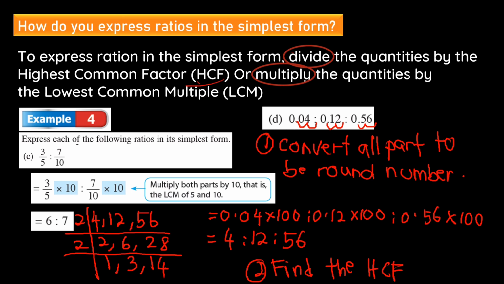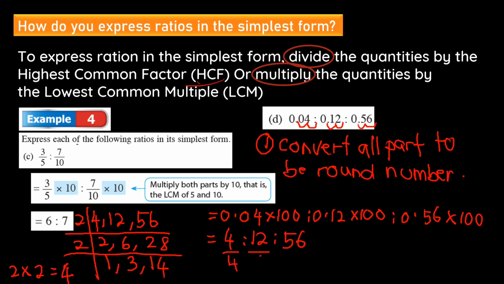So the HCF is 2 times 2, which is 4. After we find the HCF, we divide these numbers by the HCF. When you divide by the HCF, the final answer will be 1 ratio 3 ratio 14. This is in the simplest form.